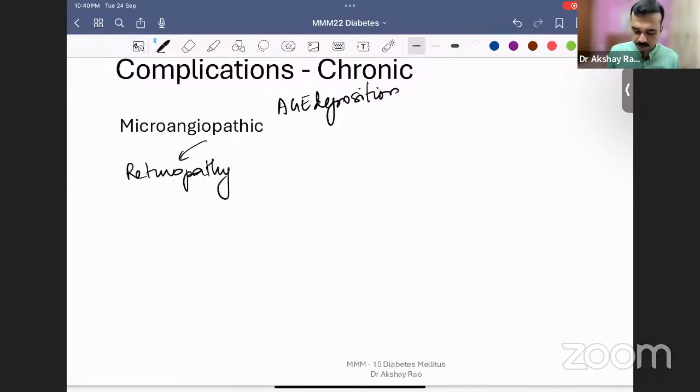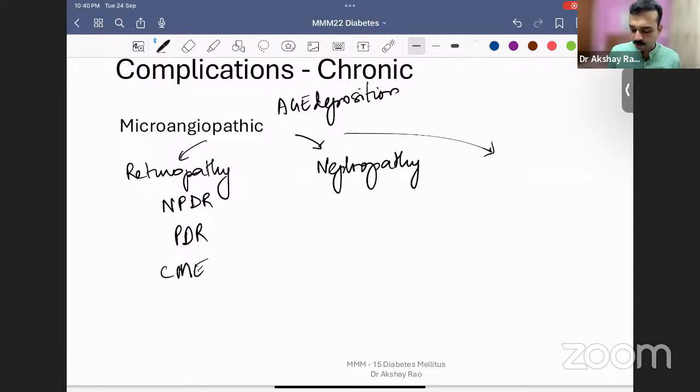In that also we have non-proliferative diabetic retinopathy, proliferative diabetic retinopathy, and macular edema, cystoid macular edema, clinically significant macular edema. Okay. Then we have nephropathy and we have neuropathy. These are the chief microangiopathies.